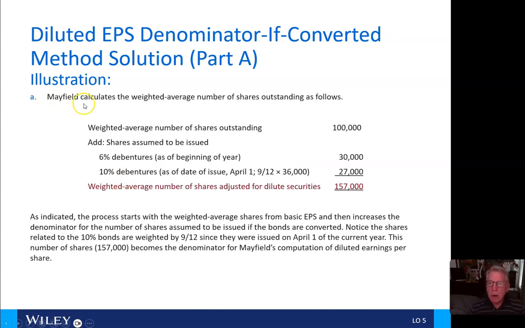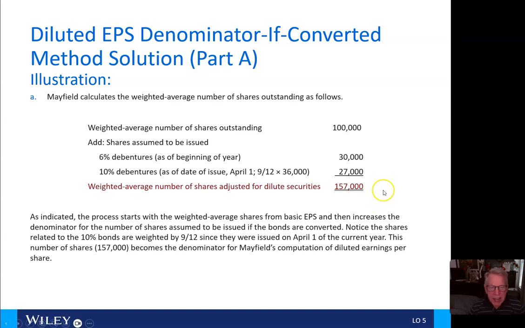Okay, Mayfield calculates the weighted average number of shares outstanding as follows. We've got 100,000 weighted average number of shares outstanding. Then we add the shares assumed to be issued. We have the 30,000 given in the problem as of the beginning of the year, but we had another 36,000 issued in April, so we're going to take 9/12 of that 36,000, which will give us 27,000.